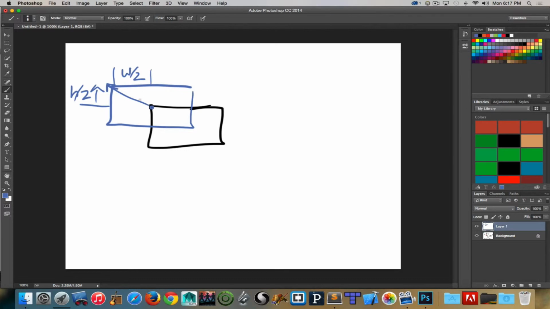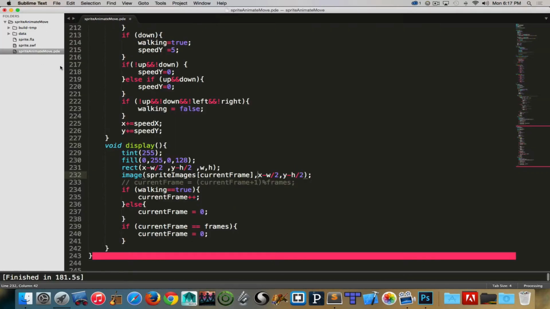So we're shifting the drawing or representation of our artwork over by half of its width and half of its height, so that when the other object decides to move over, it doesn't draw it up in the corner here, but instead it does center on center. That's why we did that last class, and that's why we will be doing it again as well.